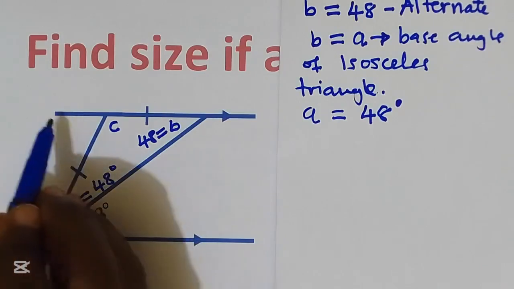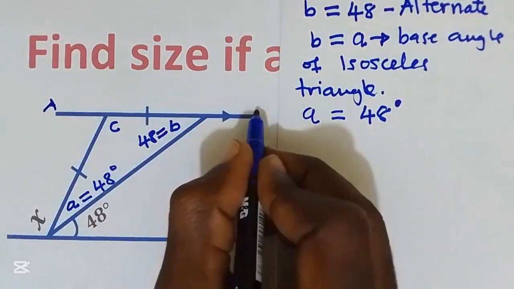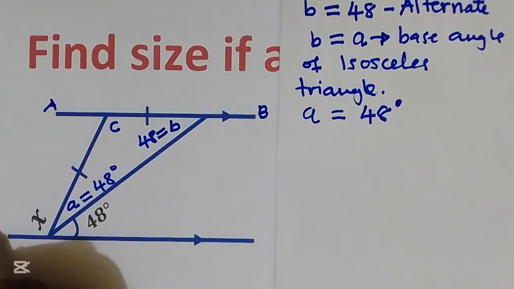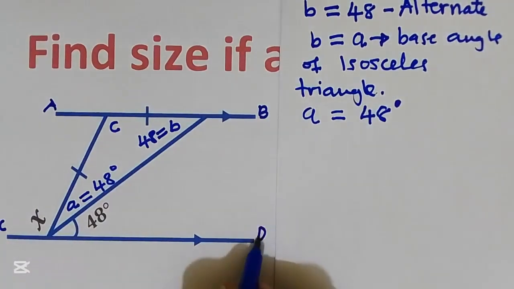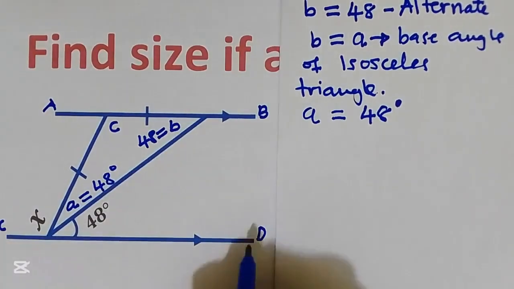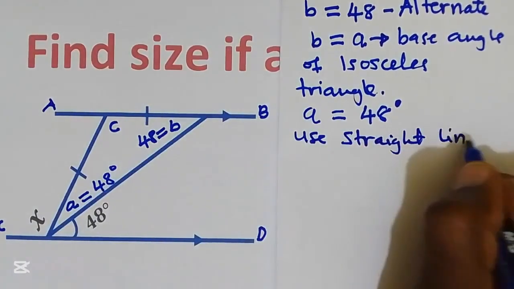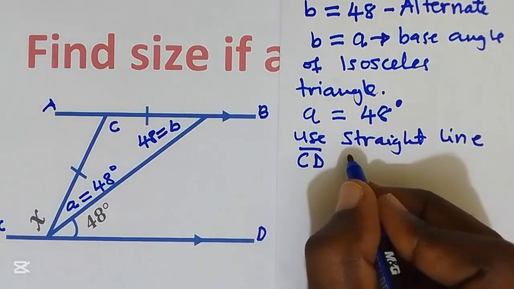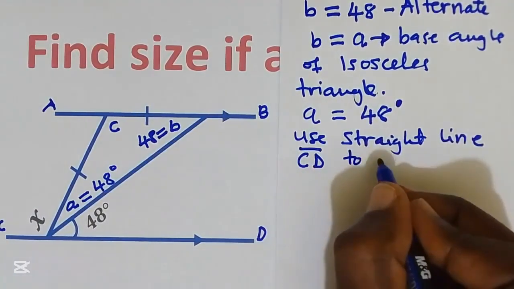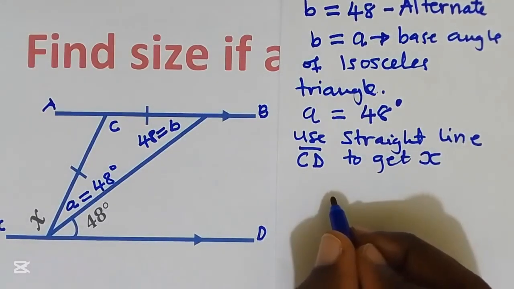Let us call this parallel line A, B, and this as C, D. Use straight line CD to get X. The sum of angles on a straight line is equal to 180.